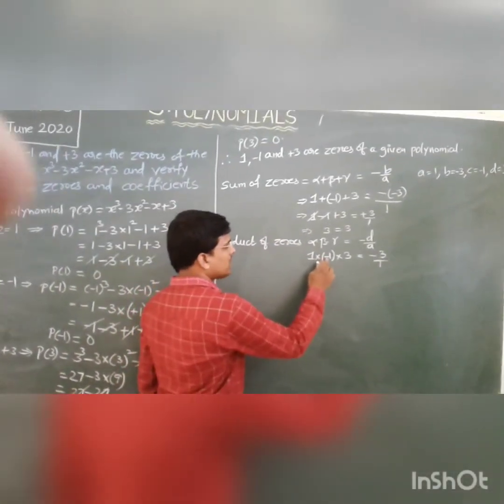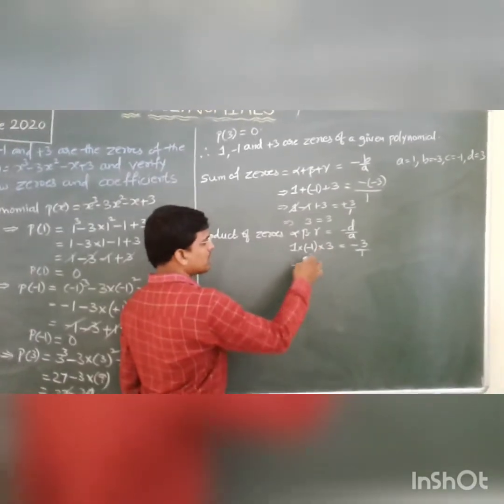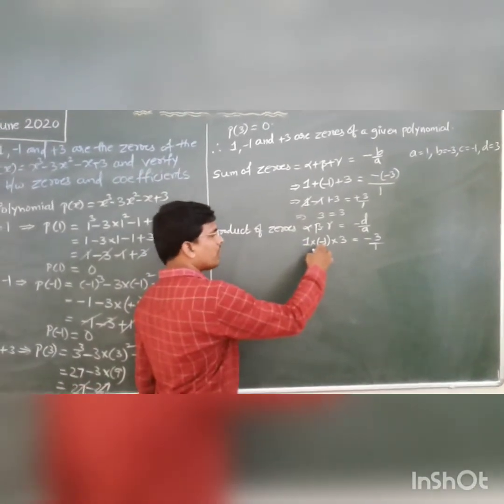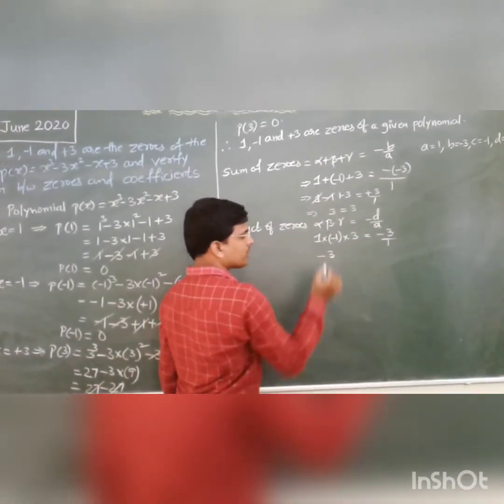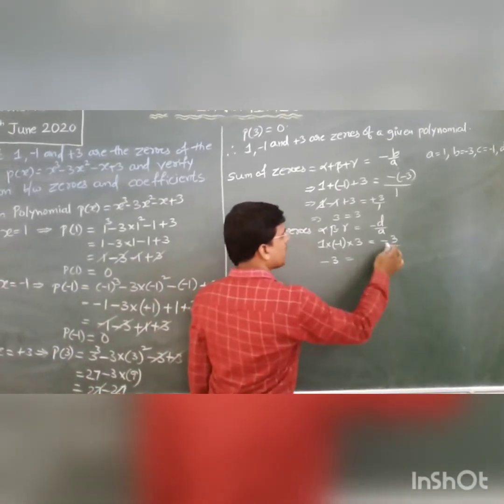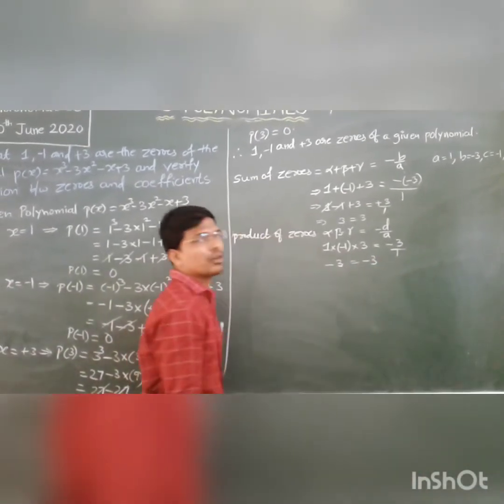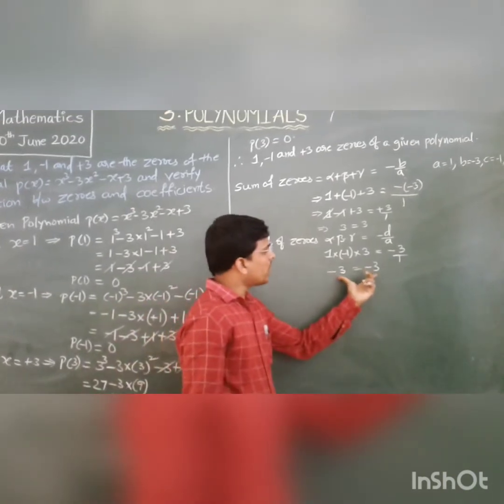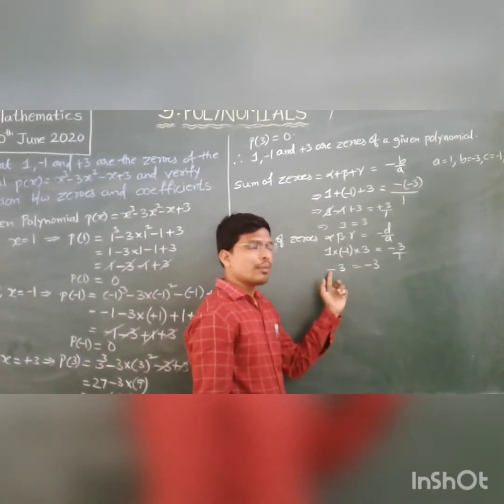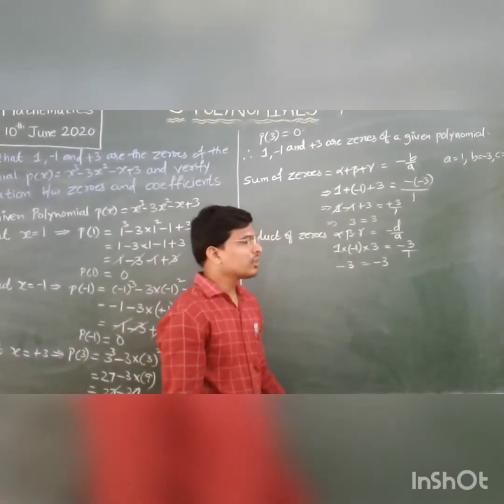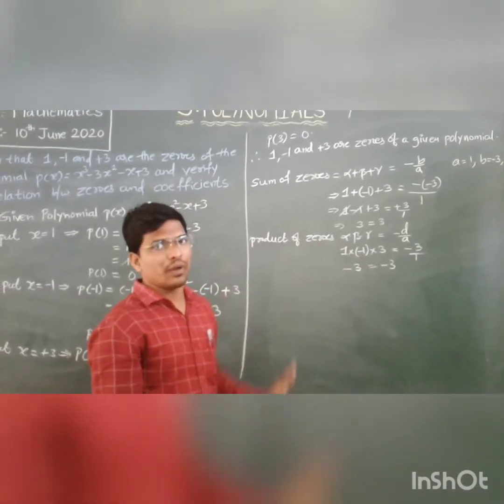So plus into minus is minus, minus 1 into 1 is 1, 1 into 3 is 3. So it is equal to minus 3 by 1, that is minus 3 only. See, if you check both the sides, you got minus 3 and minus 3 only. So here also the relation is verified.